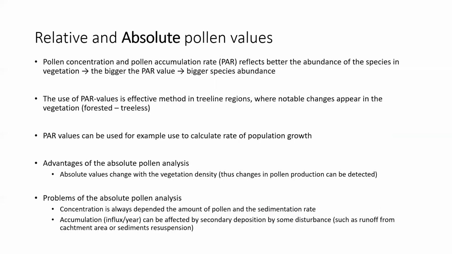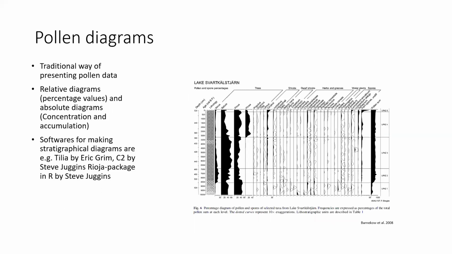Then about pollen diagrams. So basically when we have pollen data ready, it's usually visualized and presented because it's easier to see the changes when you're looking at the visual presentation rather than just the numbers.